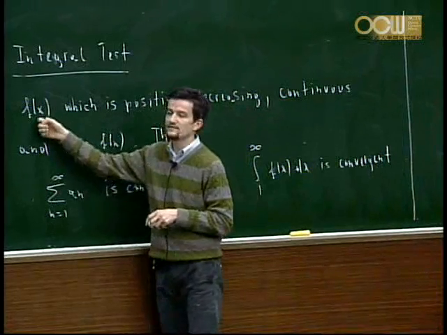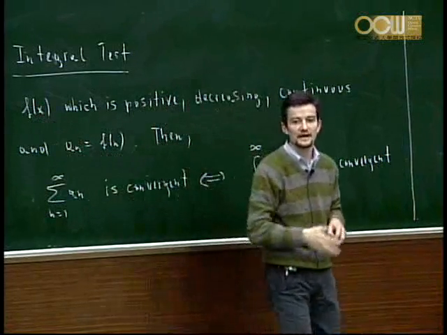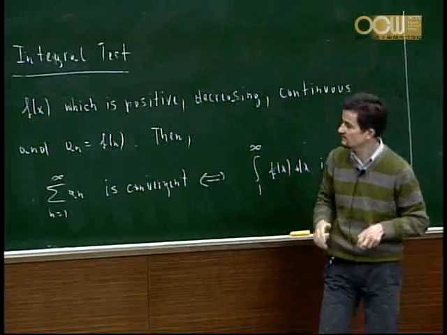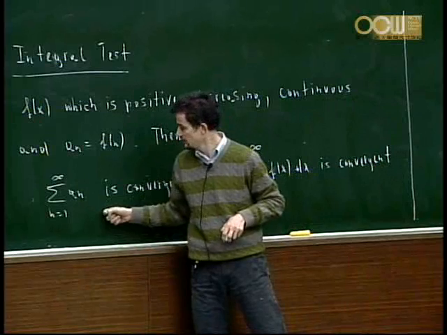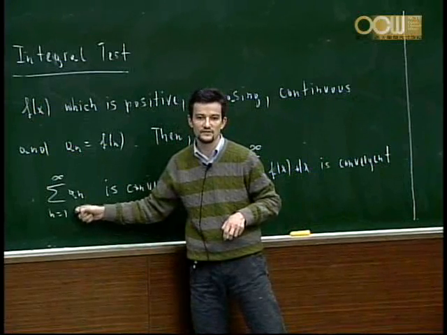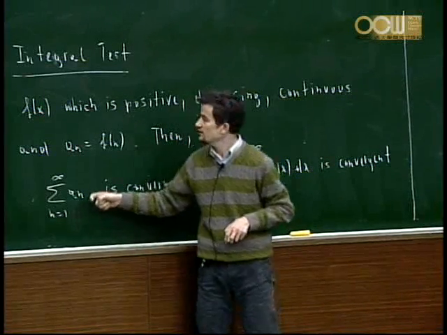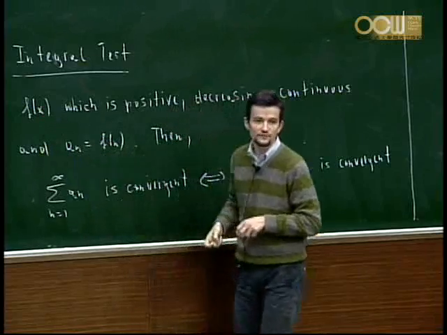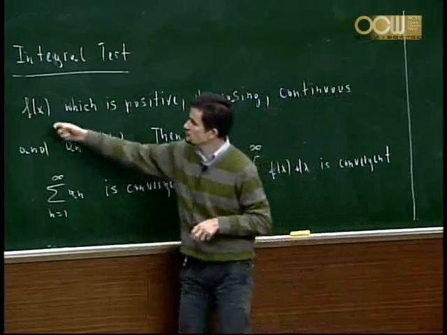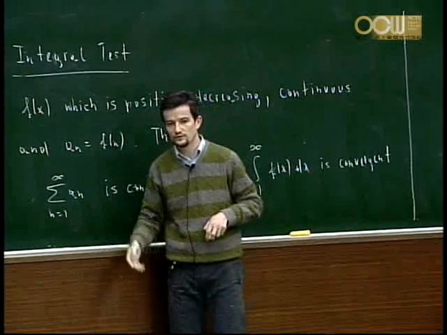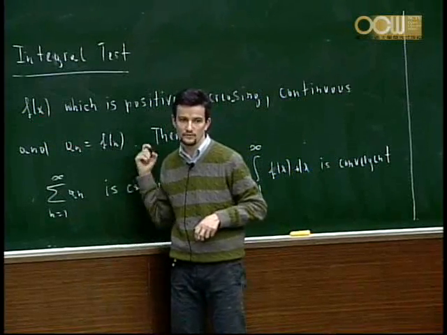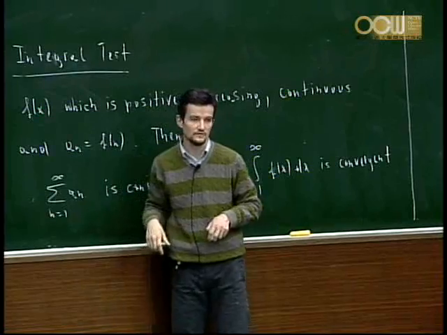So it's enough if this f of x starts to decrease for some large x. Because as I said, you can throw away a finite number of terms. This will not affect the convergence behavior of this series. So if the function you find starts to decrease for some large x, you just throw away the first few terms which cause problems, and you apply this result here.